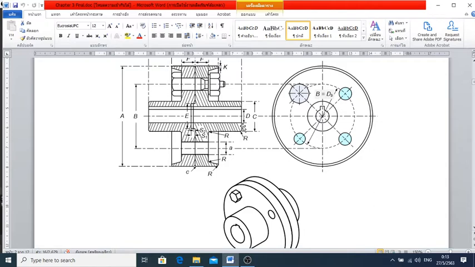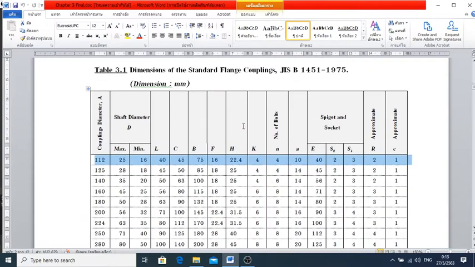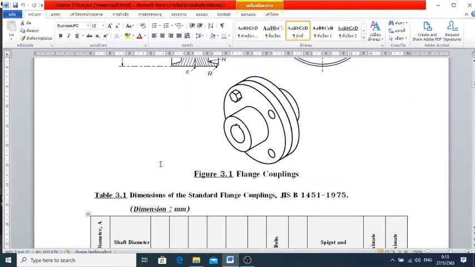For instance, like it says in here, the minimum is 16 and the maximum is 25. So it means if you go buy it, it's going to be available for 16 and you can enlarge it up to the maximum of 25 anyway. So this kind of thing is going to make it easy for some kind of calculation, things like that. And then another one, the L term there.